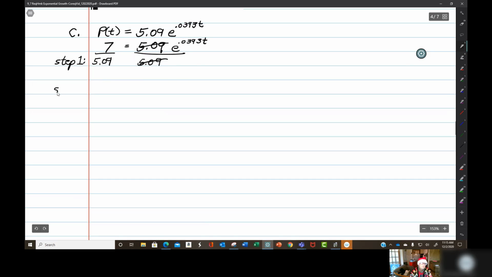Now step 2: we've got 7 over 5.09 equals e to the 0.0393 t. Because t is up in the air and I need it to come down so I can say t equals, I have to take the ln of both sides.